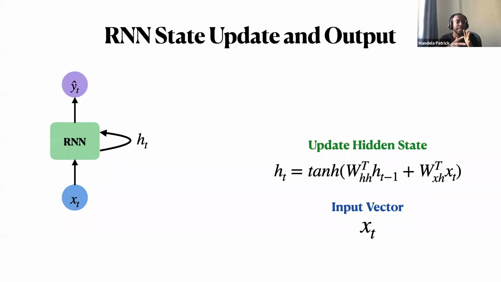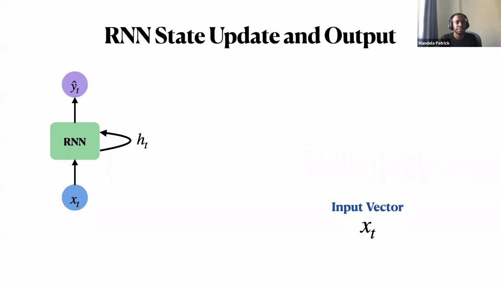So we essentially apply one neuron or one perceptron which takes an input, applies a weight matrix, and gives you some output, and we apply the nonlinear activation function tanh, and that gives us our updated hidden state.